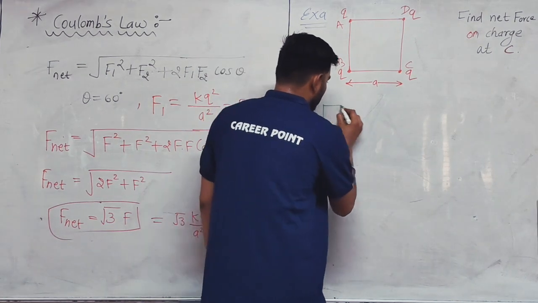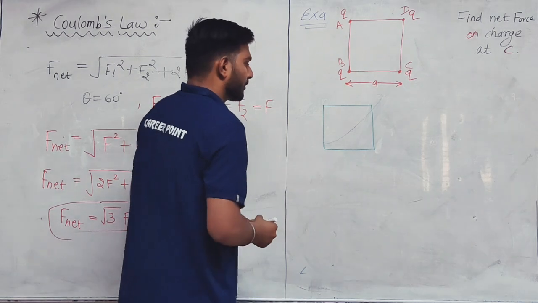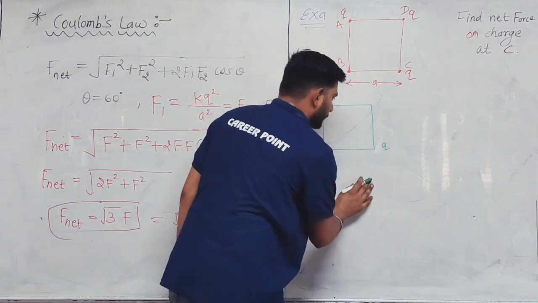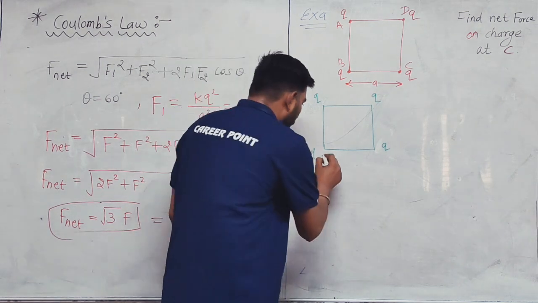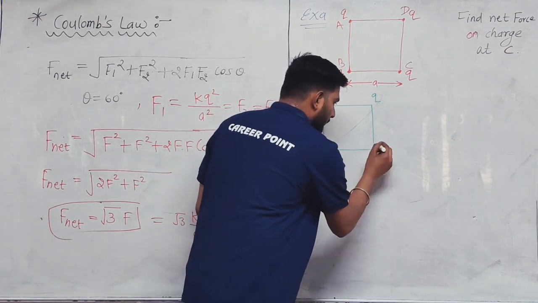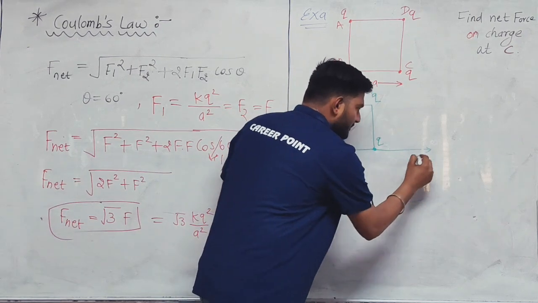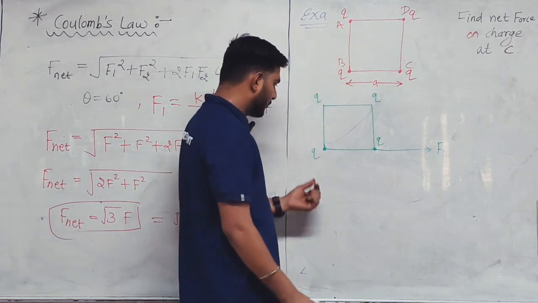I'm again drawing this square. This is my Q, this is also Q, Q and Q. The force due to this Q on this Q will be along this direction, away from this charge. Let's suppose this is my F1.